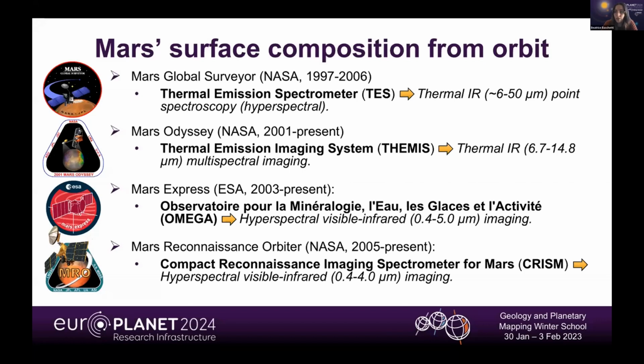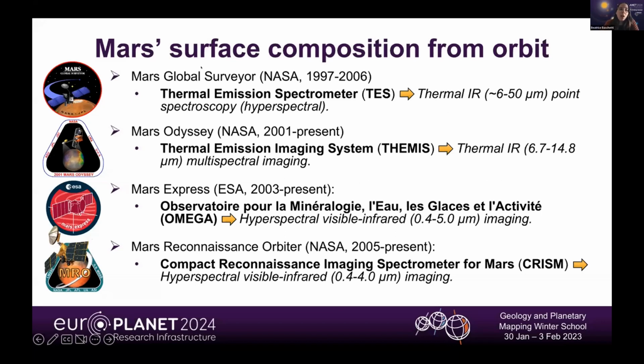And in this presentation here, I will focus mainly on the results of these 4 instruments, of which 2 are thermal infrared spectrometers, and the other 2 are visible infrared spectrometers.